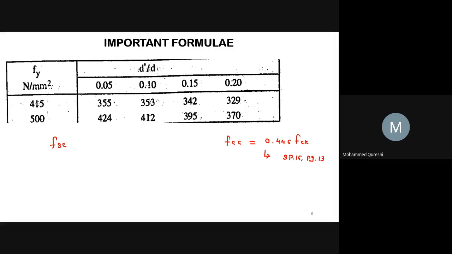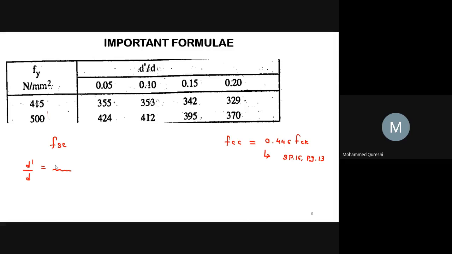And for the calculation of Fsc, we have to use the ratio d dash by d. That is, what is d dash? D dash we had seen earlier, the effective cover to compression steel, and d dash by d is its ratio to effective depth. So d dash by d values will be according to the statement that we had given in the example.